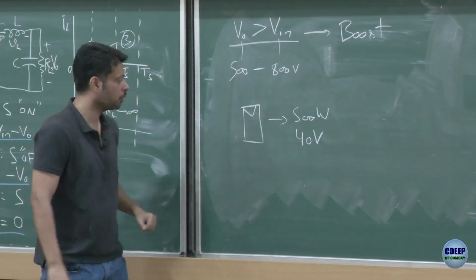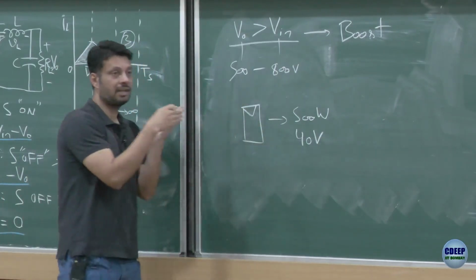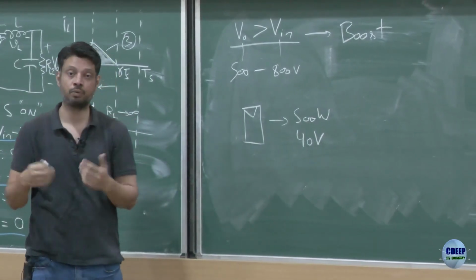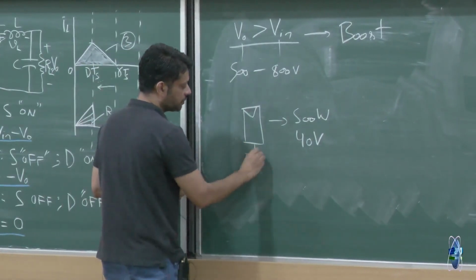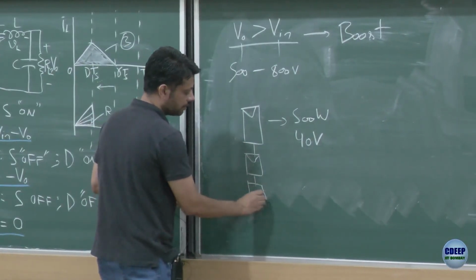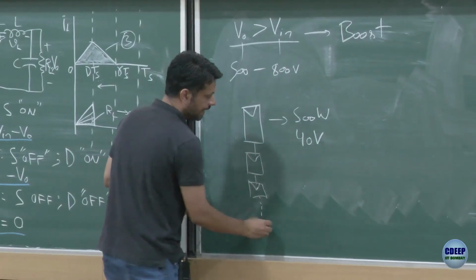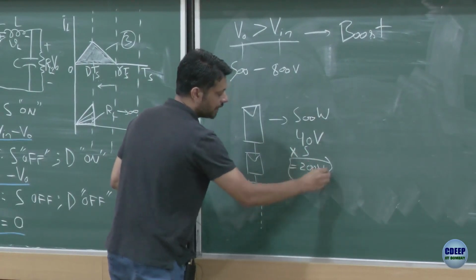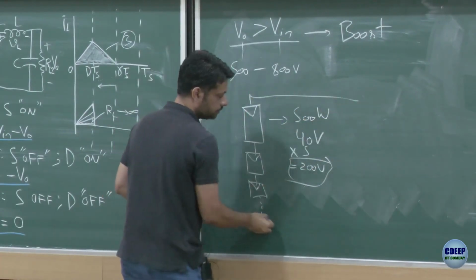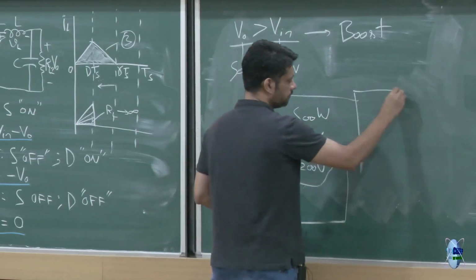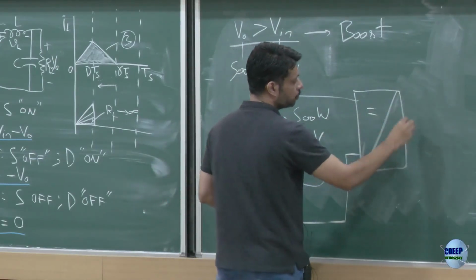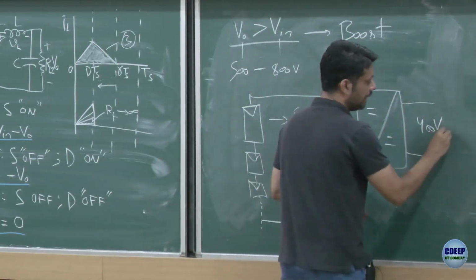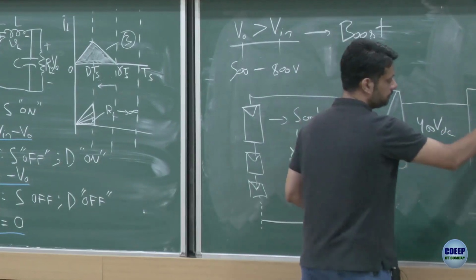Let's say this gives you 40 volt and you want to use it to get an AC voltage of 230 volt. You would first connect 5-6 of these in series, get about 200 volt, and from that 200 volt use a boost converter to produce 400 volt DC.